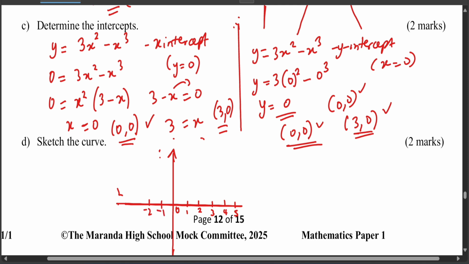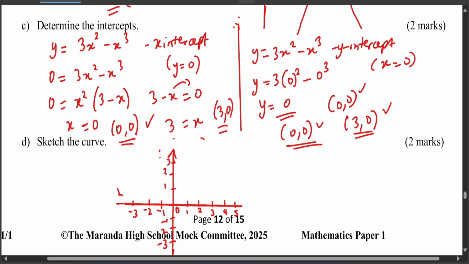Since we are just sketching, we can assume the points. So this is 1, 2, and 3, and you have -1, -2, and -3. Now let's start by plotting those points.